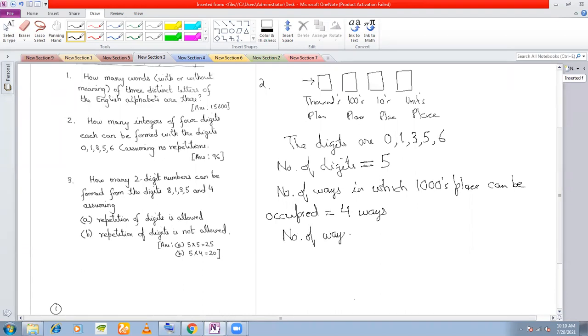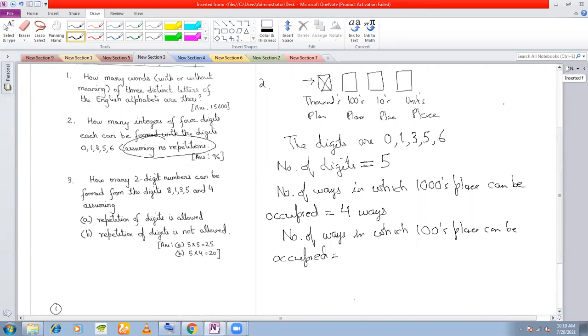Number of ways in which the hundreds place can be occupied. Now see, repetitions are not allowed. Here it is given no repetitions. That means this place is already occupied, right? And you cannot place a 0 here. How many digits left?